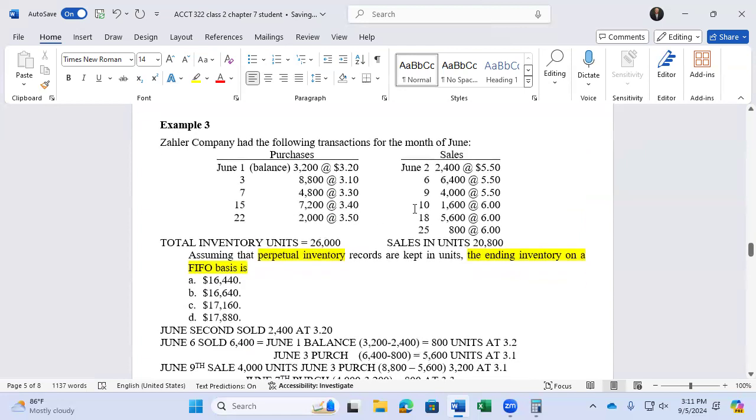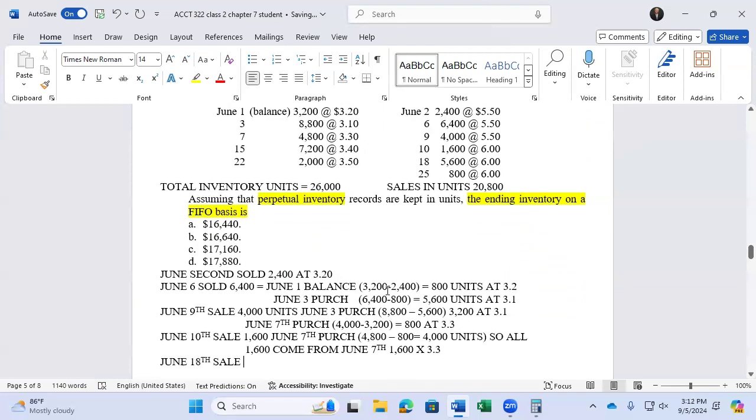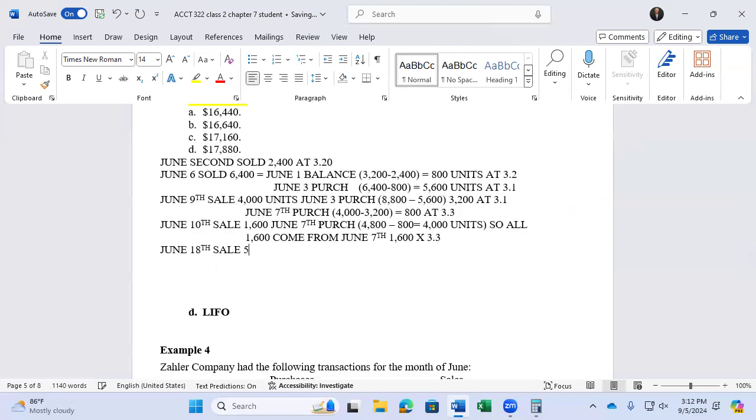So then we go to the 18th for the sale. We have the June 18th sale. And that's 5,600. And that comes from 1,600 remaining June.